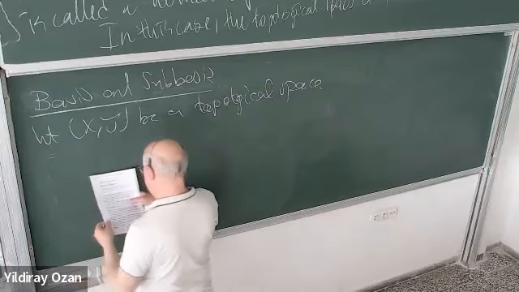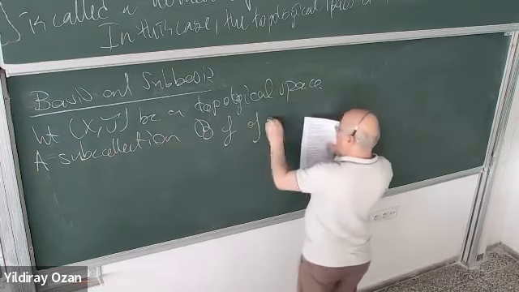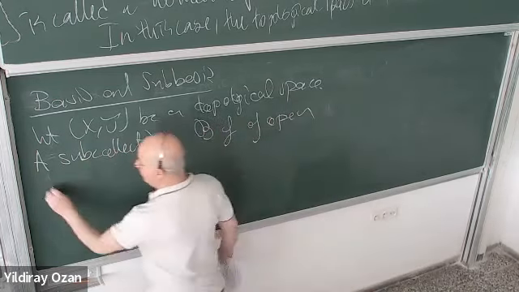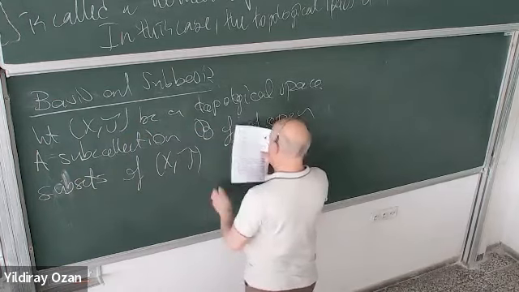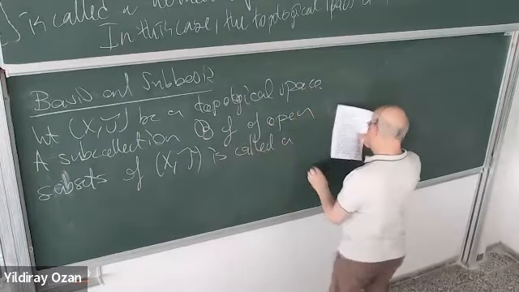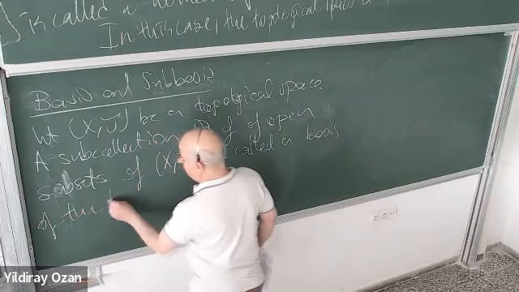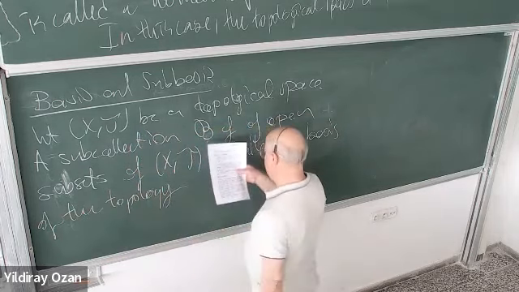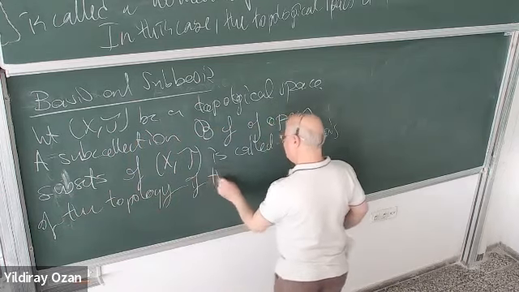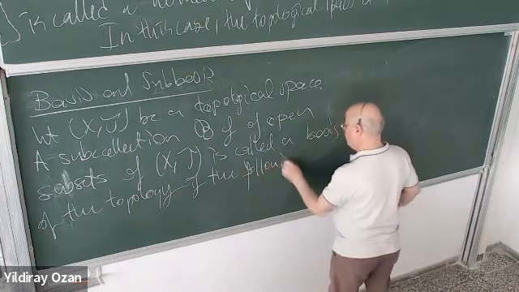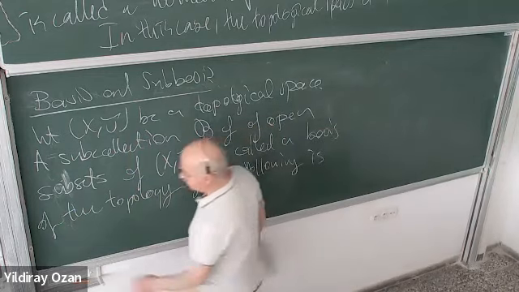A subcollection beta of open subsets of (X, tau) is called a basis of the topology if the following is satisfied.